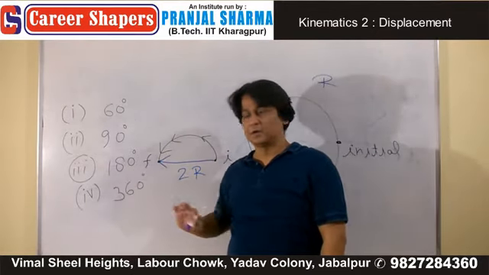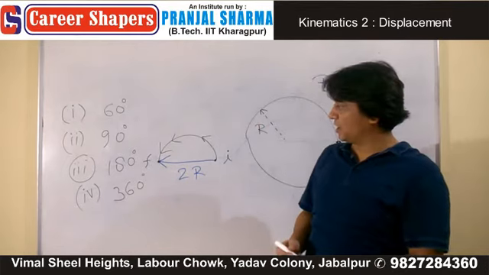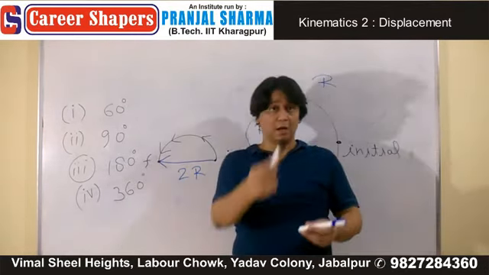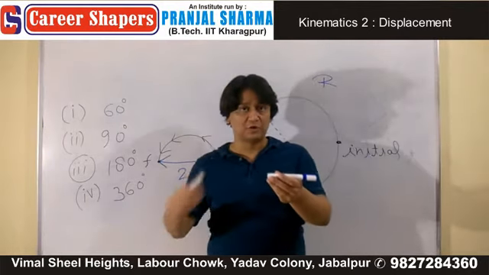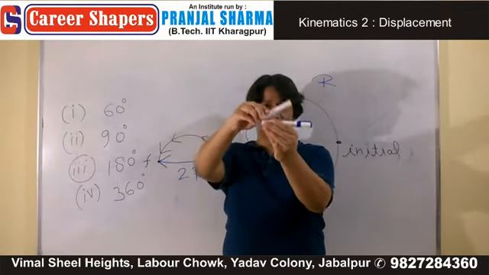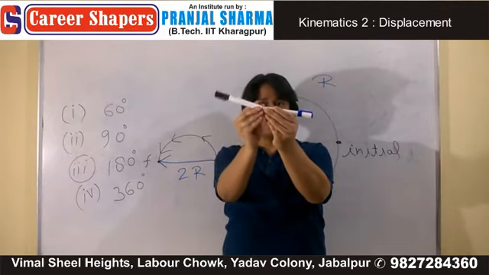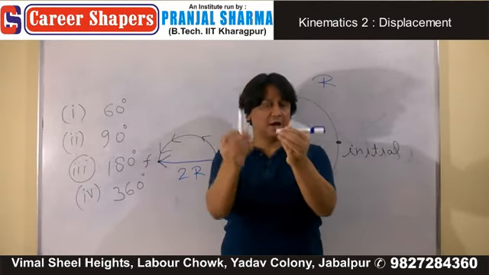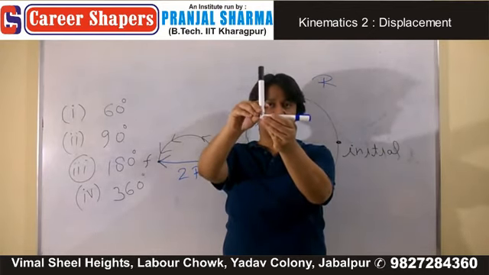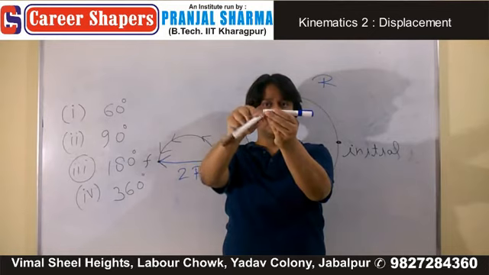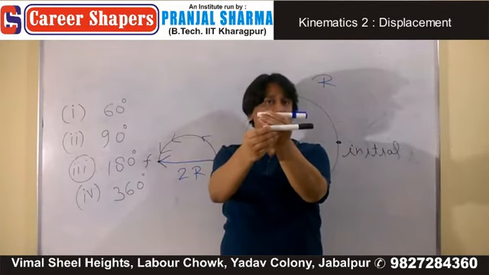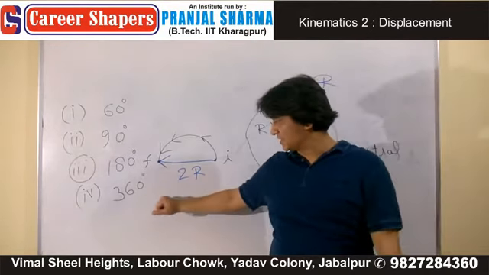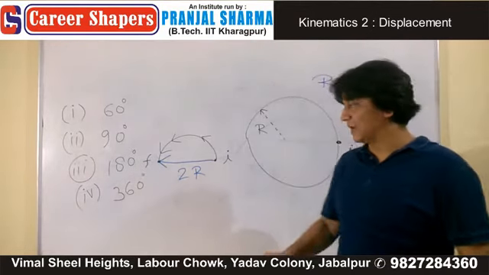Third part, done. Fourth part. What is the fourth part? 360. In case you do not know what 360 is, this is 90. This is 180. This is 270. This is 360. Again, it's a table of 9. 9 ones are 9. 9 twos are 18. 9 threes are 27. 9 fours are 36. So 360 means your path will be like this.